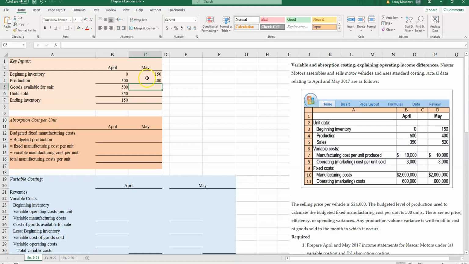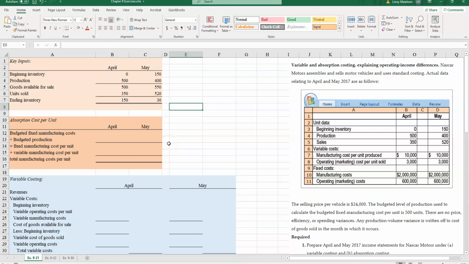I have my beginning inventory plus my production, so I have 550 units available for sale. Now, how many did I sell in May? It tells me 520. So I have an ending inventory at the end of May of 30 motor vehicles.